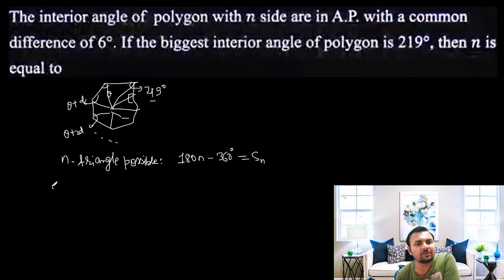So it is pi n minus 2 pi, that is Sn. So the sum of all the angles is n by 2, 2a.